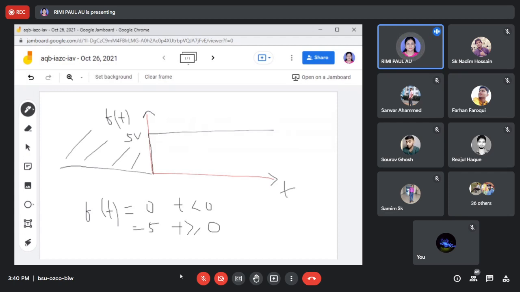Now if I write it in general form, this 5 may be 6, maybe 7, maybe 8, whatever, maybe 30, maybe 40. So I can write here in general form that this is k.